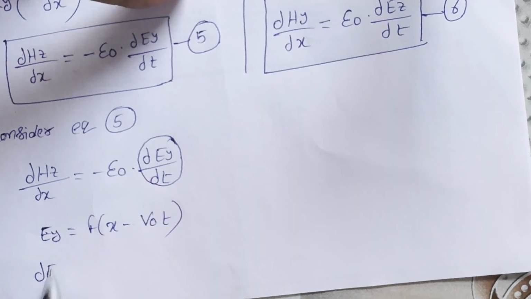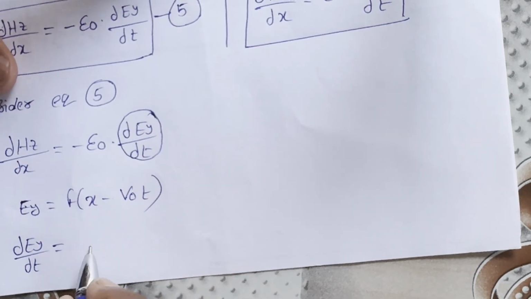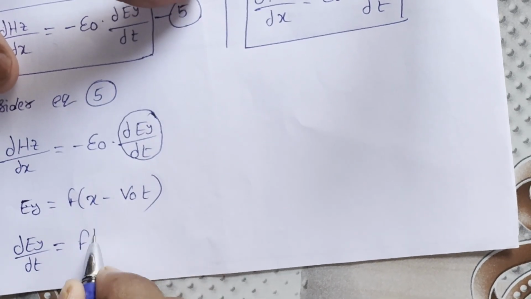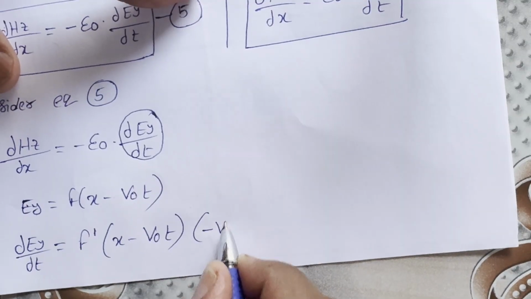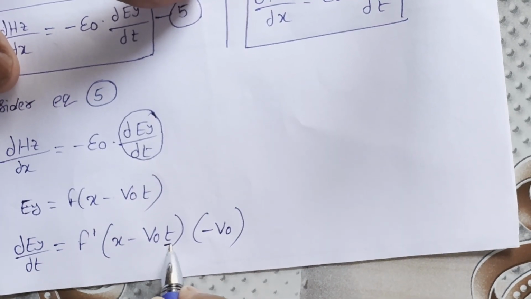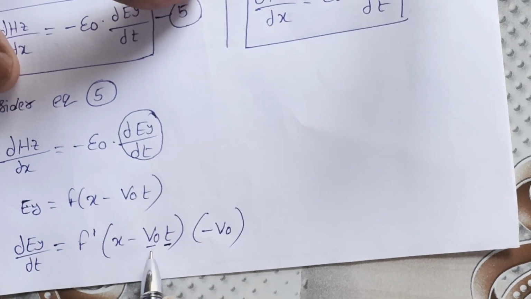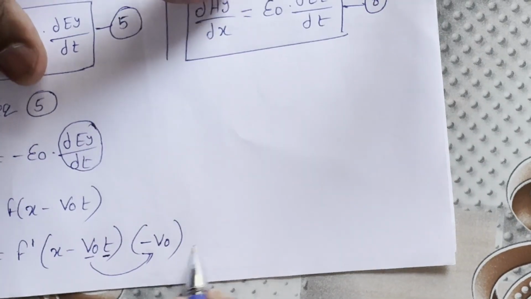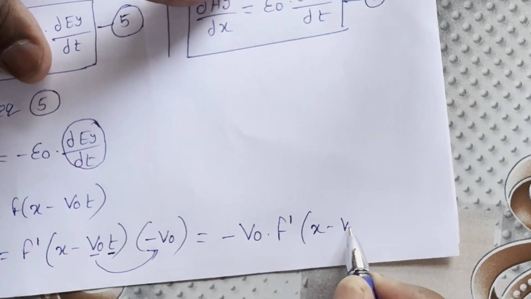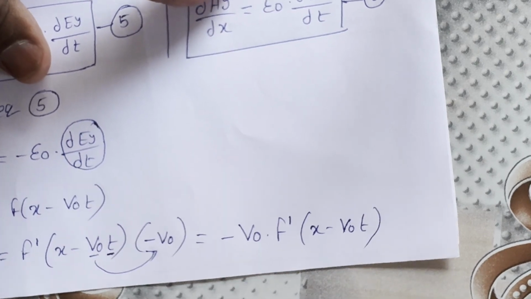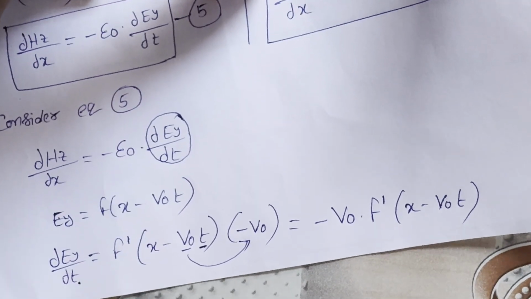So ∂Ey/∂t becomes f'(x - v₀t) into -v₀, because we are differentiating with respect to t, so the multiplicand of t is v₀. Then it becomes -v₀ f'(x - v₀t). That is the value of ∂Ey/∂t.